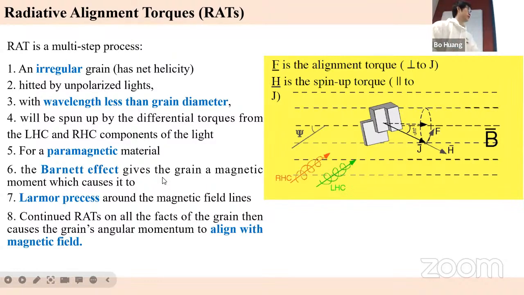This theory predicts that irregular grains with paramagnetic properties will align their long axis perpendicular to the ambient magnetic field.